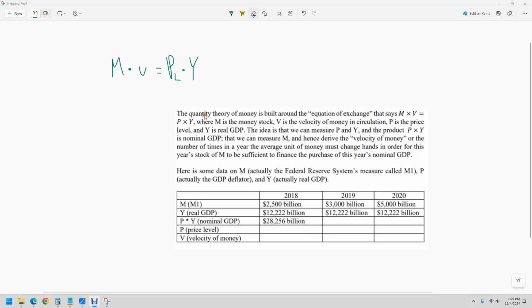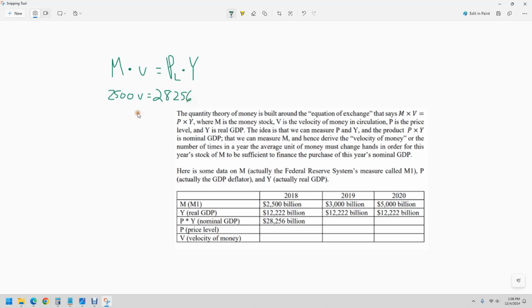So we can actually remember that money supply times velocity, so this times this equals whatever price level times real GDP is over here. Okay, so we know part of this. We know that 2,500 billion or 2.5 trillion times V equals this 28,256.